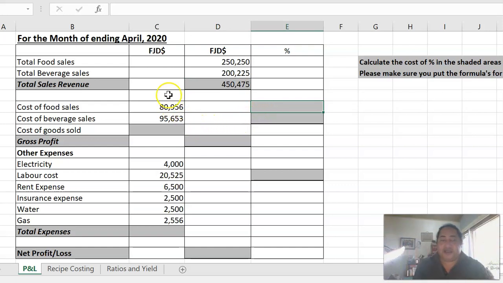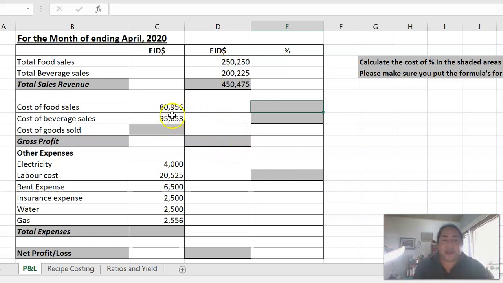You've got to reduce that. So let's work out cost of food sales. The rule is to find the cost of food sales, you must take that over the total food sales, and it's like with beverage sales.